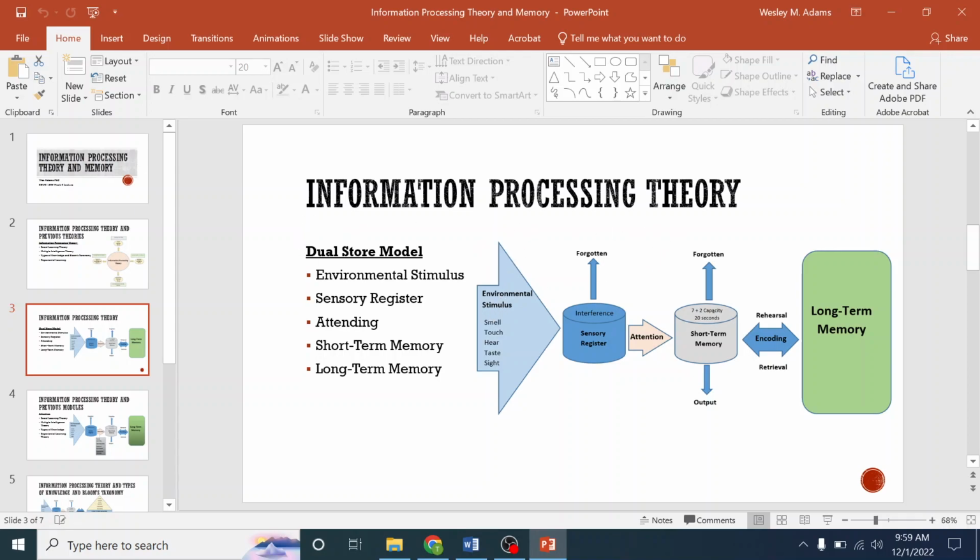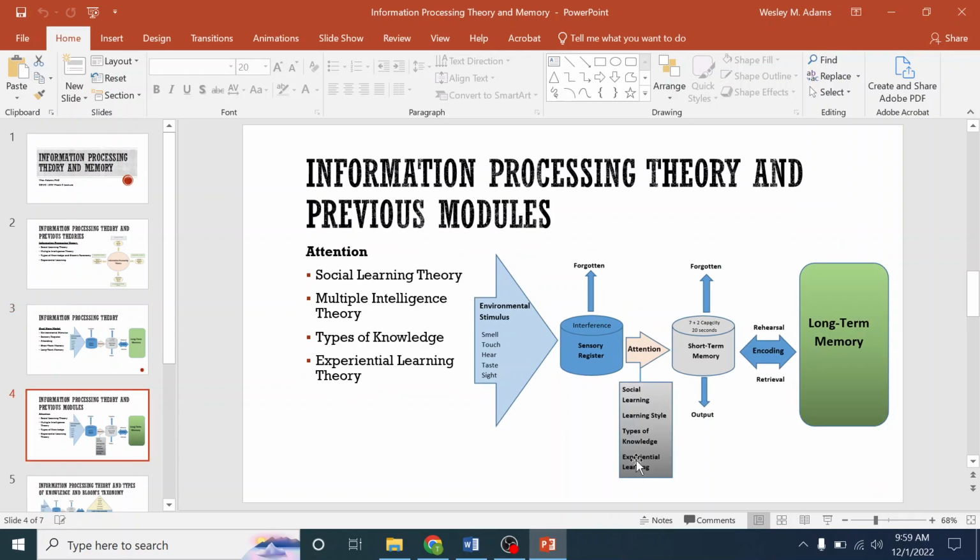So this is the dual store model. It's a model of information processing. You have environmental stimulus coming in, and it goes into the sensory register. As long as you pay attention using one of those four: group learning, learning styles, types of knowledge, experiential learning, they help you be efficient at getting it over here to short-term memory so you can rehearse it and get it to long-term memory.